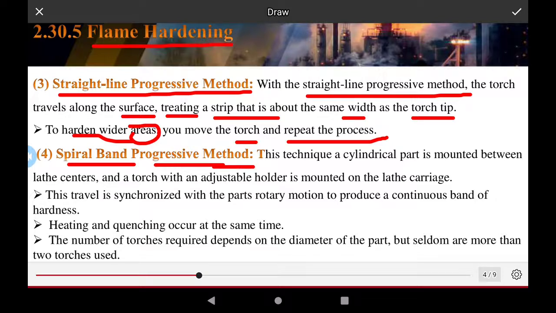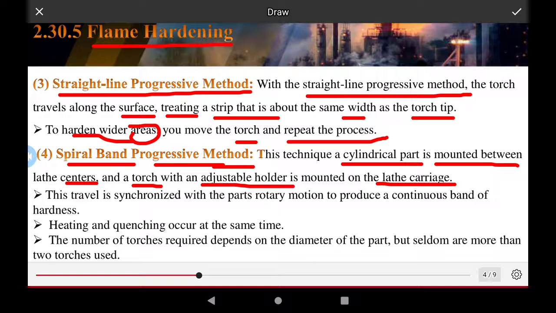Spiral band progressive method. In this technique, the cylindrical part is mounted between lathe centers and a torch with an adjustable holder is mounted on the lathe carriage.